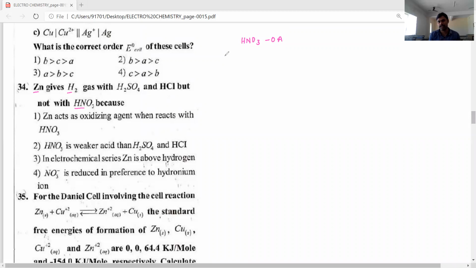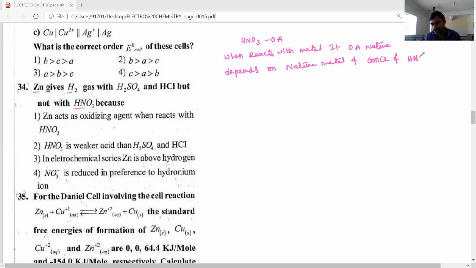When it reacts with metal, its oxidizing nature depends on the nature of the metal and the concentration of HNO3.